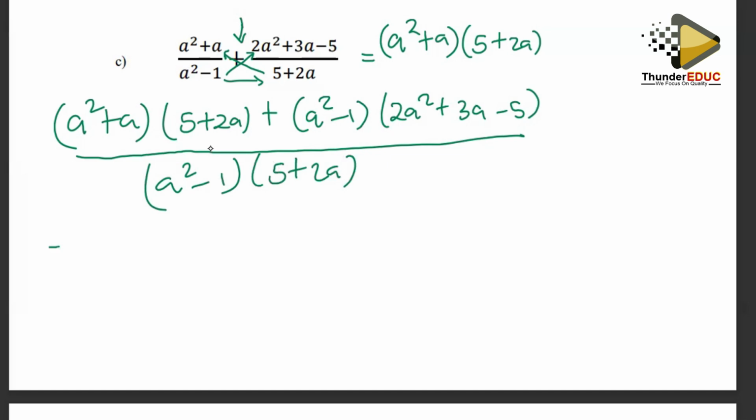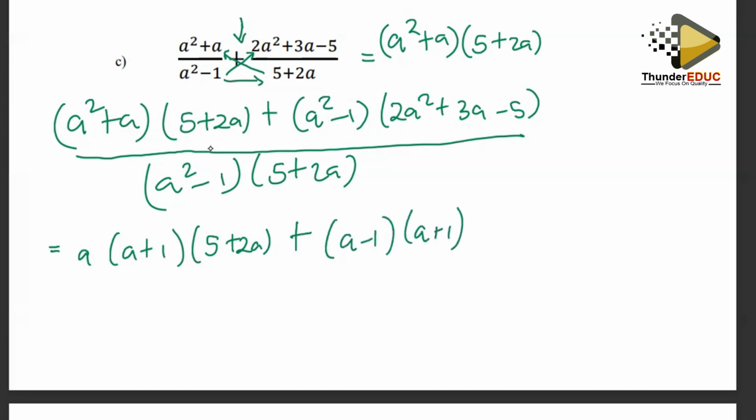Then I'll need to see if there are things that I can factorize, and then I'll do that. So from the numerator with the first term, I'll have a common, which is a plus 1. This is 2a plus 5, or just 5 plus 2a. And then plus, this is a difference of two squares, which means I have a minus 1, a plus 1. And then this is a trinomial, so which means I have two brackets.